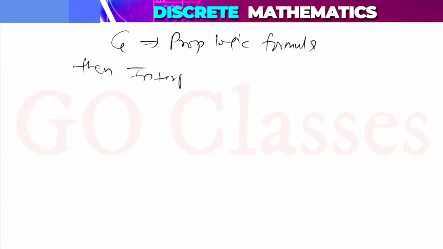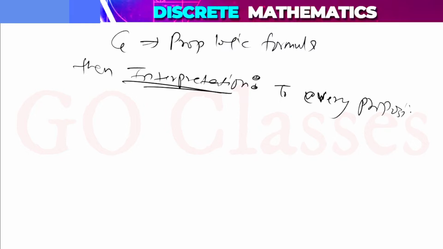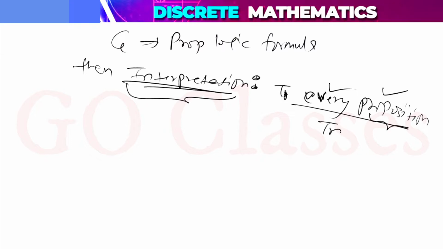Interpretation means that to every proposition involved, you must give some truth value. If you want to give me an interpretation for a formula, then for every proposition you need to give me the truth value of that proposition. For every proposition, a truth value is given. This is the simple definition of interpretation.